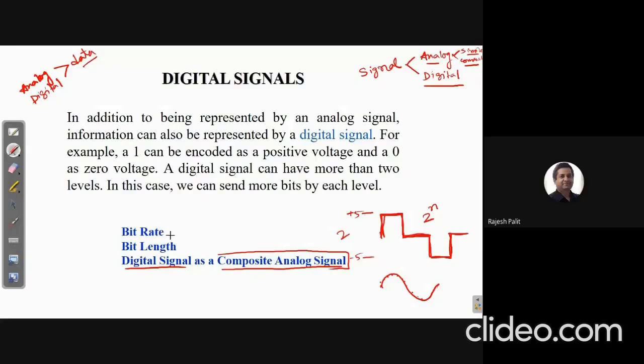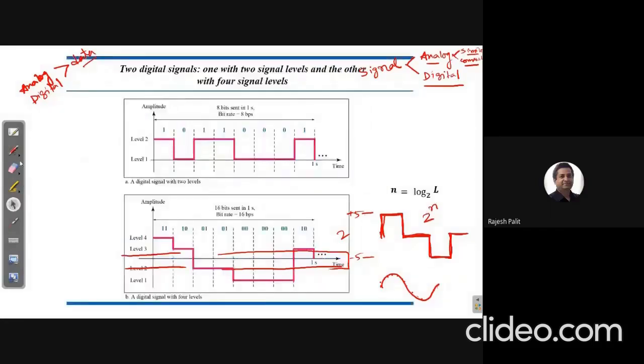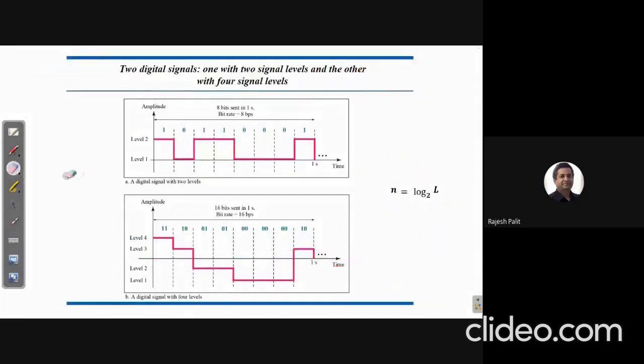So, what is the bit rate, and what is the bit length? It is how many bits you can transfer per second. Here in this signal, in 1 second, how many bits can you transmit? 1, 2, 3, 4, 5, 6, 7, 8. 8 bits per second, so the bit rate is 8 bps.